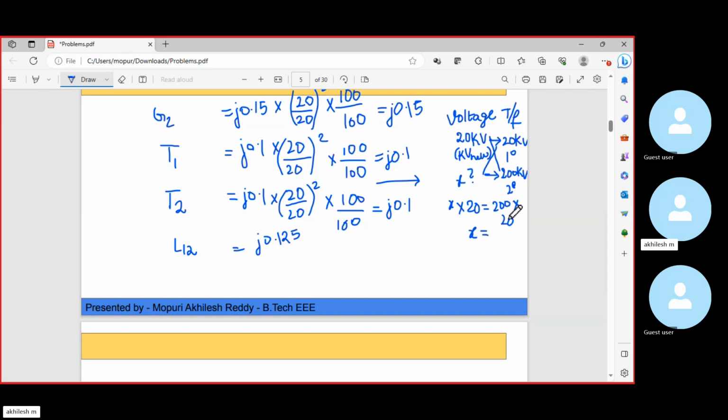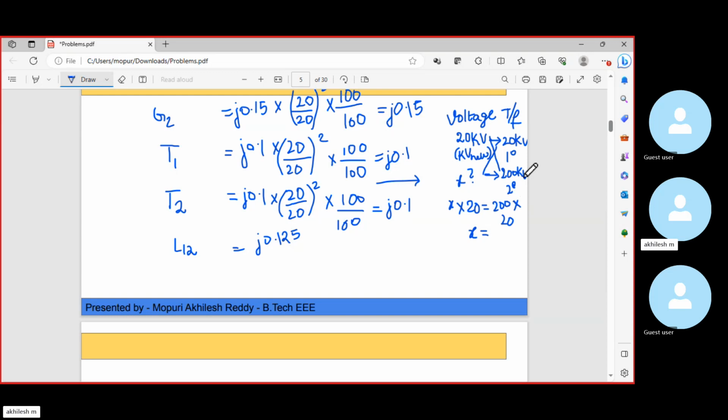Here, if you observe, the kV new before the transformer and the primary kV rating of the transformer are the same. Suppose the base kV is 50 kV and the primary of the transformer is 20 kV, then you won't get 200.